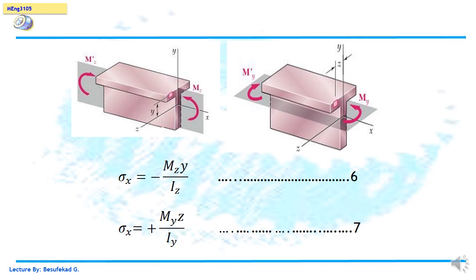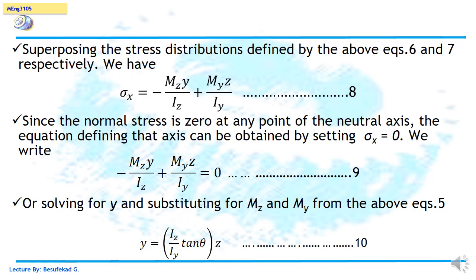Technically, I say that My is acting on plane XZ, but the notation of the couple in terms of a vector is going to be normal to the plane on which the couple is acting. So I need to make a clear distinction between these two.